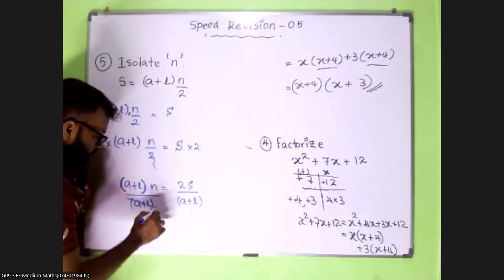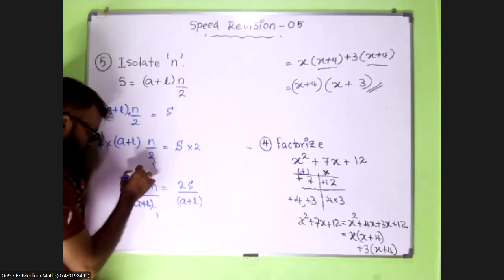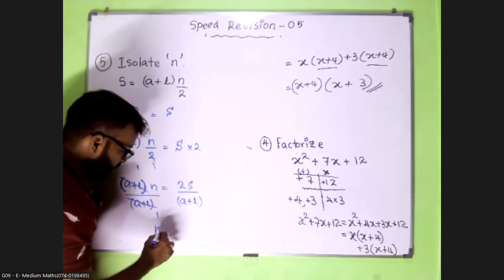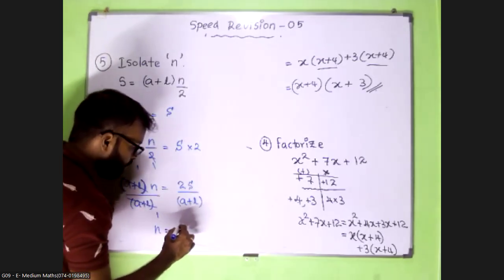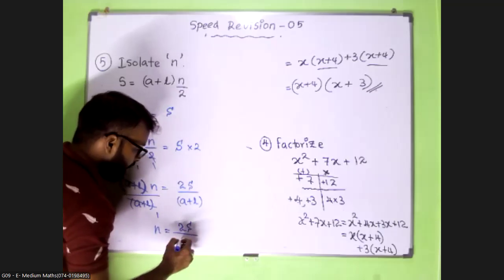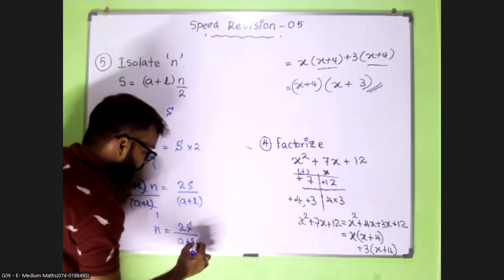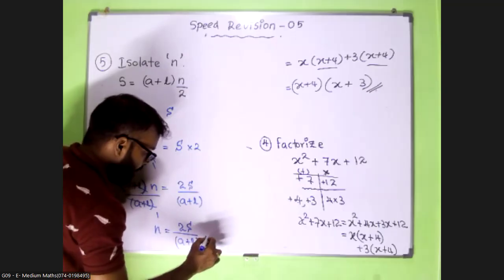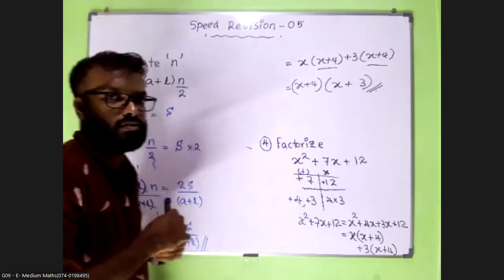So a plus l times 1. The final answer is n equals 2s divided by a plus l. So this should be your final answer.